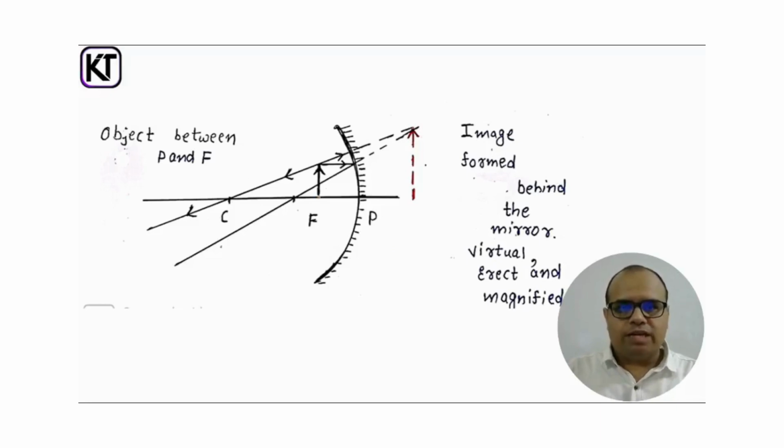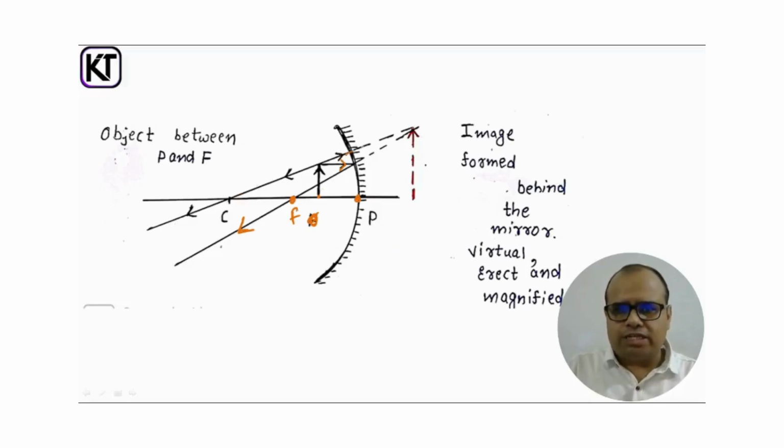Suppose this is the focus point, and this is the pole, and the object is kept between pole and focus. If the object is kept between pole and focus, a light ray incident parallel to the principal axis after getting reflected from the mirror passes through focus, and a light ray which is coming from the center of curvature after getting reflected retraces its original path.